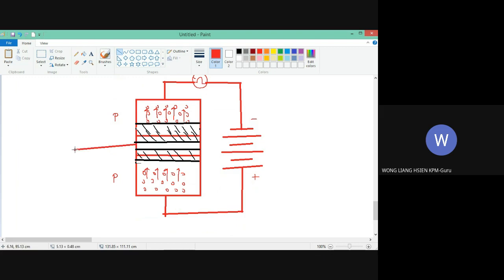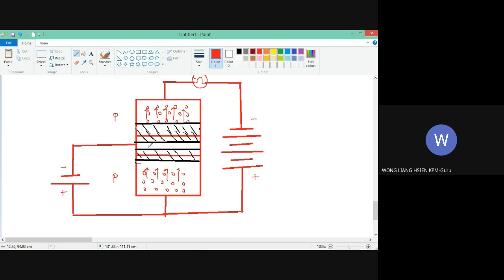Connect to this center layer. If you want to turn on this power source, it must be a forward bias connection to this layer. This one is positive, connected to the P type. Negative is the N type.